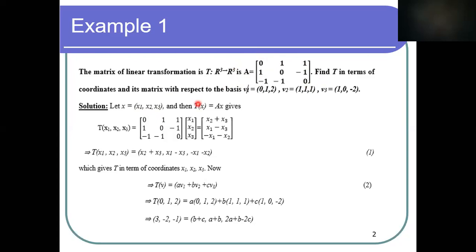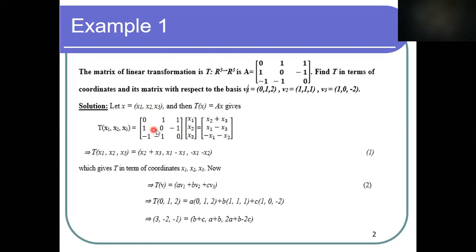So let us take this as coordinates from R3. I take T of x equal to A times x, since this is a linear transformation. So I multiply this matrix with x, where x is x1, x2, and x3.